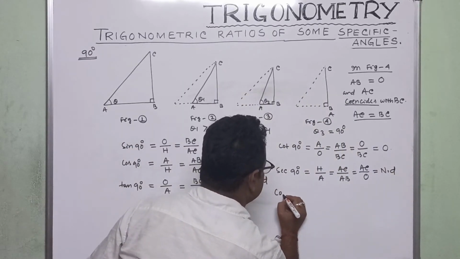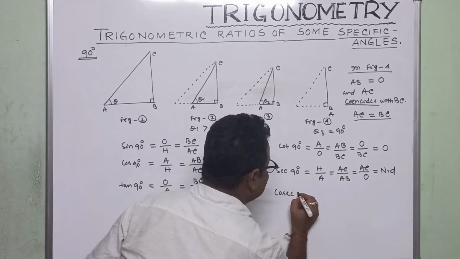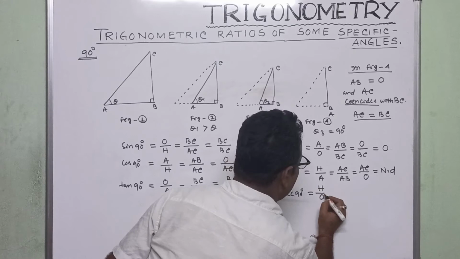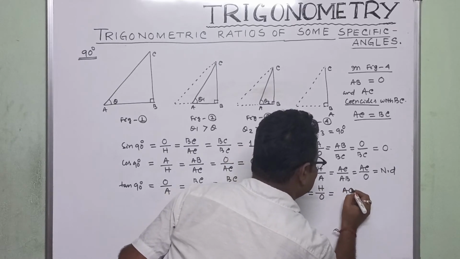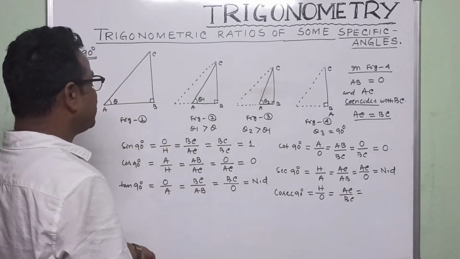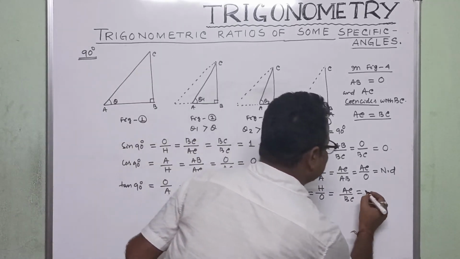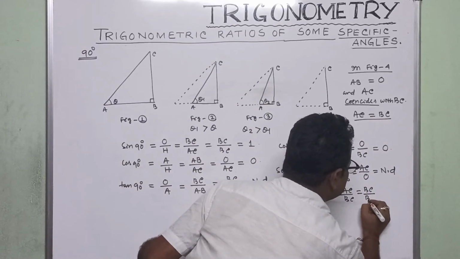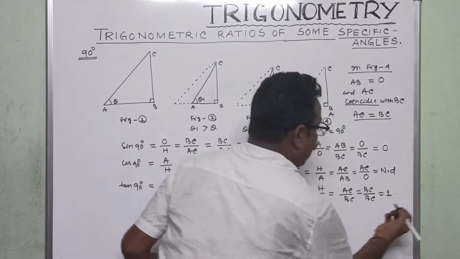Now cosec 90 is equal to H by O, which is AC by BC. AC is equal to BC, so BC by BC is equal to 1.